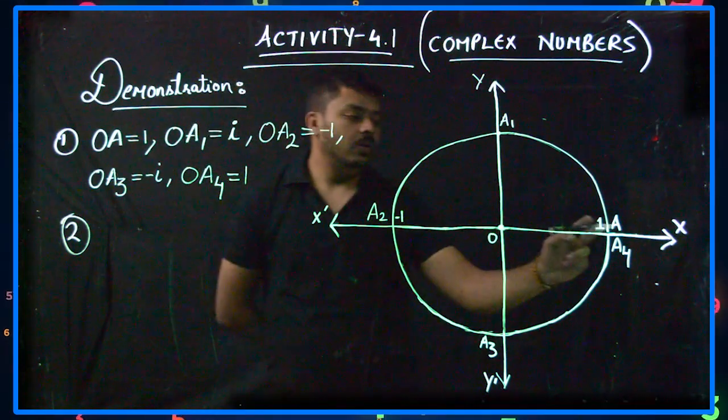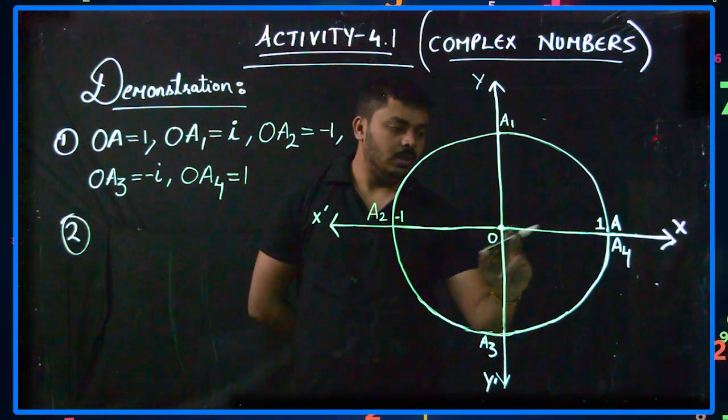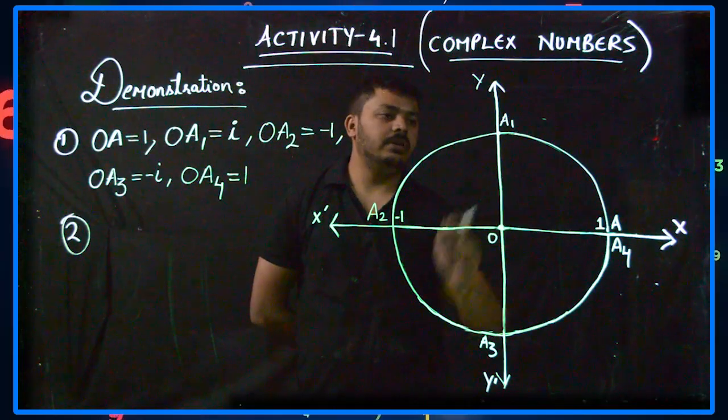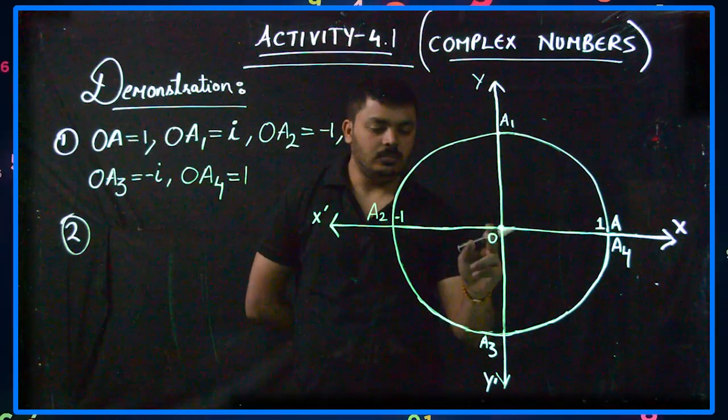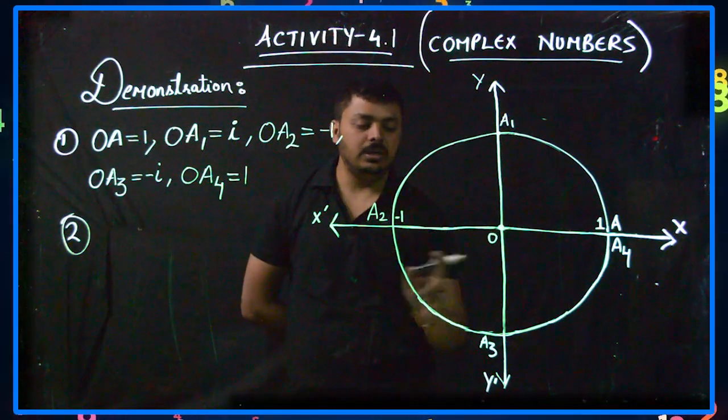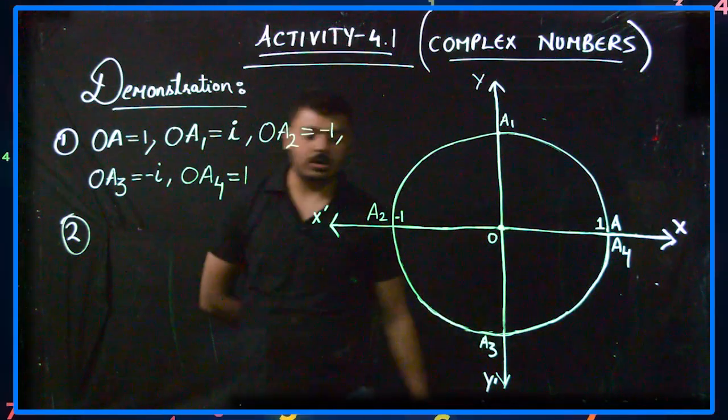That is, OA is equal to 1 unit length, OA1 is equal to iota, OA2 is -1 and OA3 is minus iota.